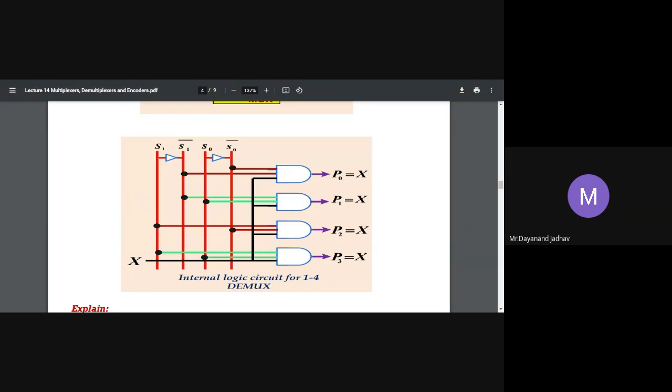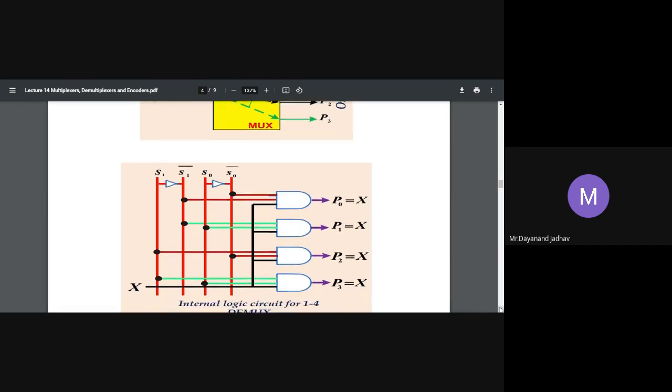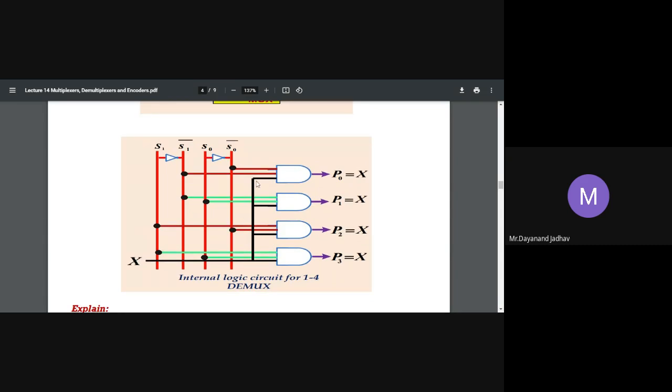Here S0 and S1 are the select lines. Consider S0 bar and S1 bar, obtained with the help of an inverter, a NOT gate, and we consider four AND gates. For P0, the output, the first AND gate takes S0 bar and S1 bar, and X is the input applied to the demultiplexer. The input is common to all, so we consider it as P0.